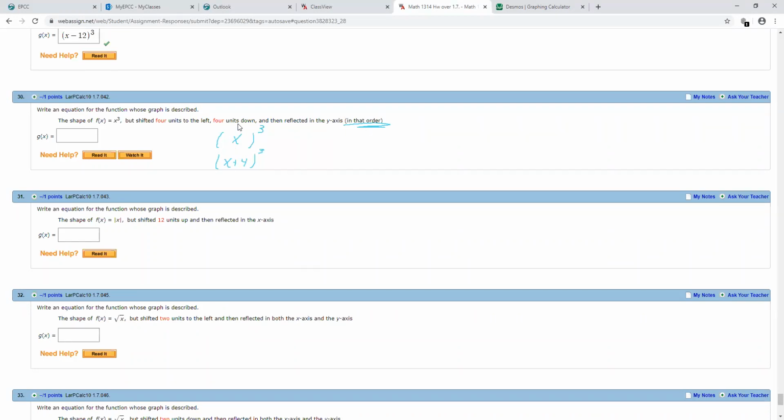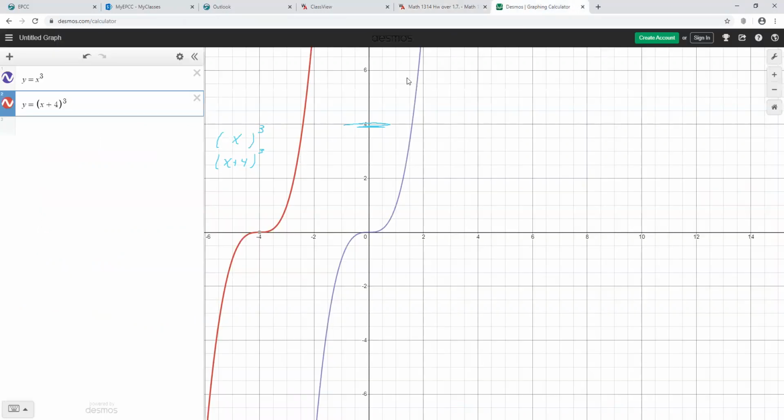Now 4 units down. So how would we write that, Megan? It'll be outside, minus 4. Very good. And when it's vertical, you write what it says, not the opposite like we did with the horizontal part.